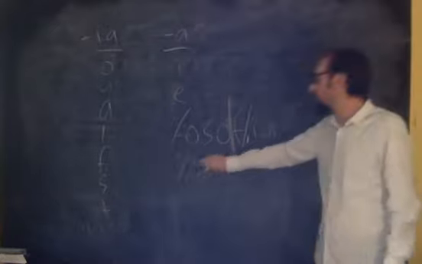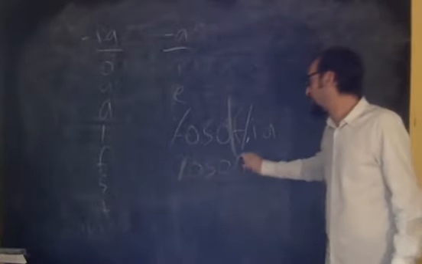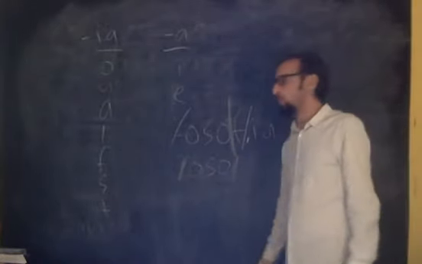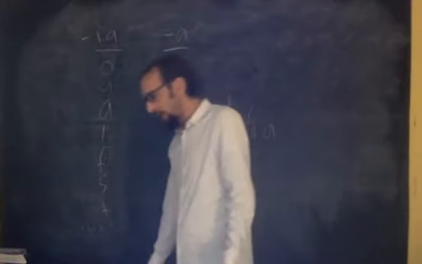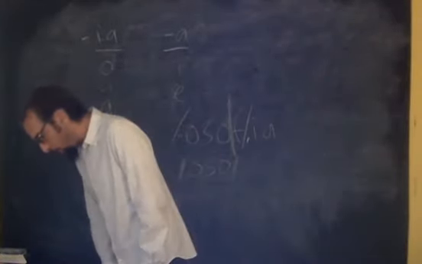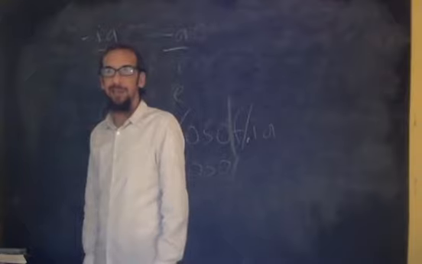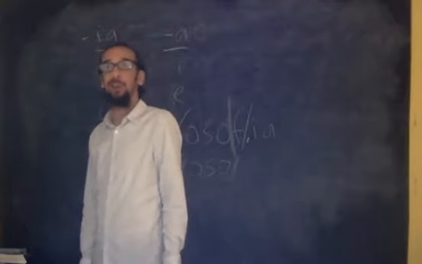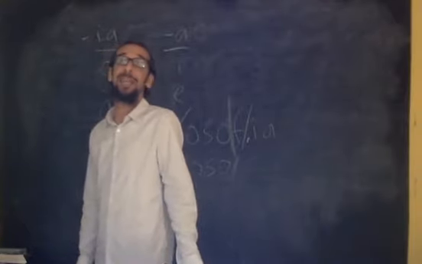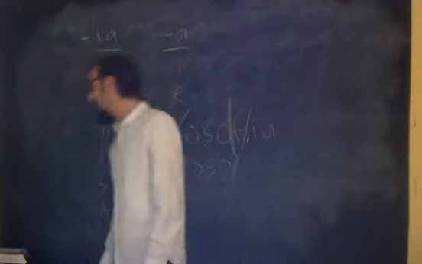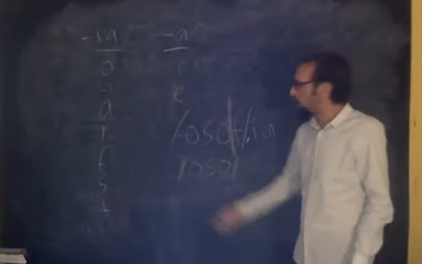So this must be the underlying representation, in which case we're going to need a rule to get the simple form. What is that rule? Oh, take a consonant and turn it into 0, that is, delete it when it's at the end of a word. So that handles all of these cases.